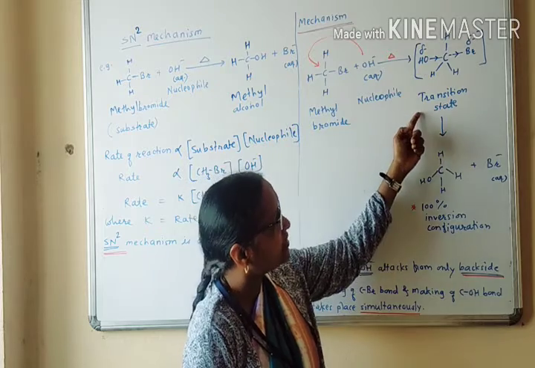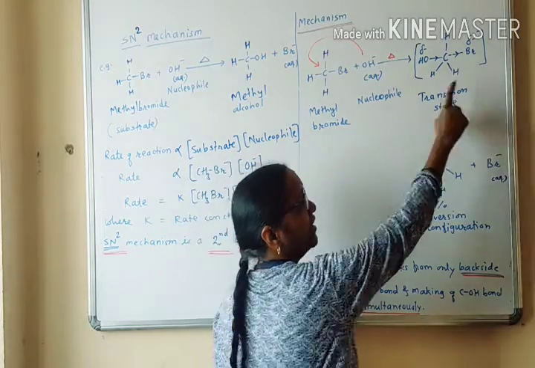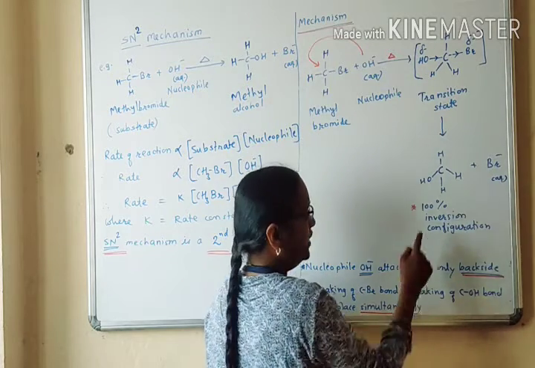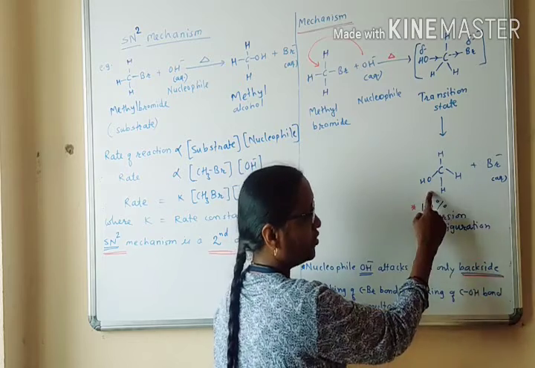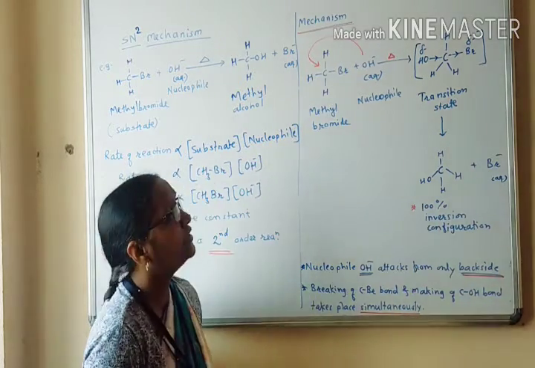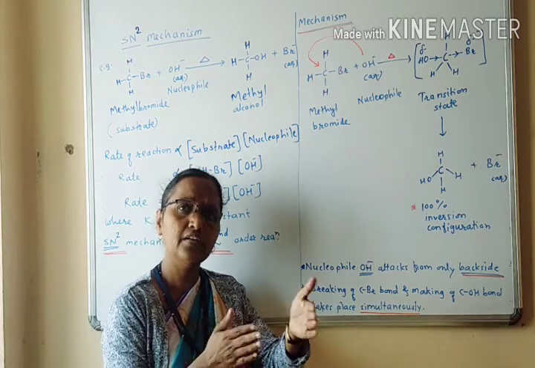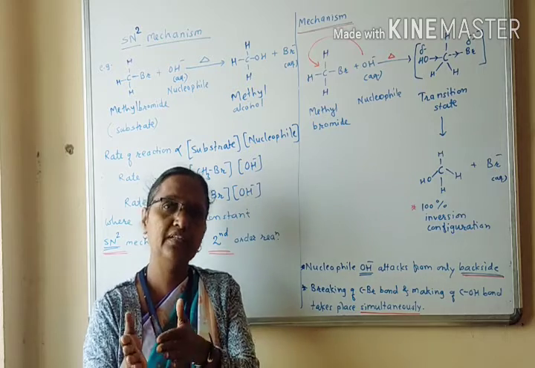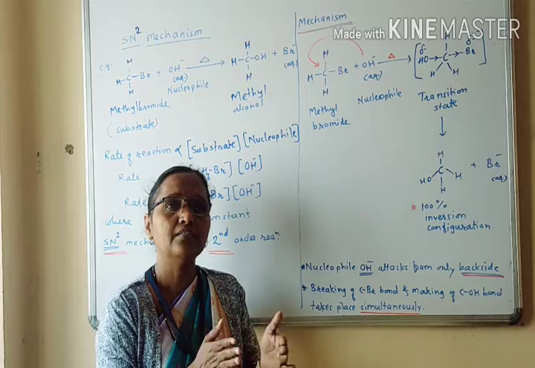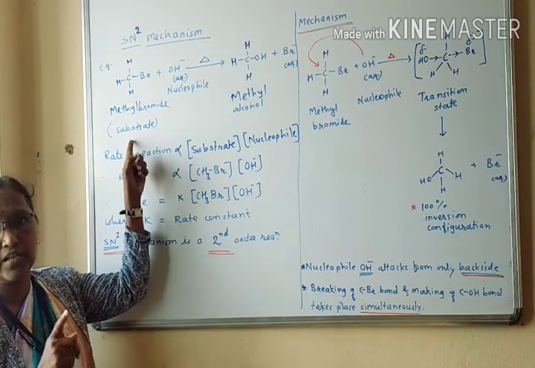This transition state is unstable. After that Br leaves in the solution, and OH minus attacks from only the back side, so there is a formation of 100% inversion of configuration. That is the SN2 mechanism. Now if you compare SN1 and SN2, you will understand some differences. Here the substrate must be a primary alkyl halide.